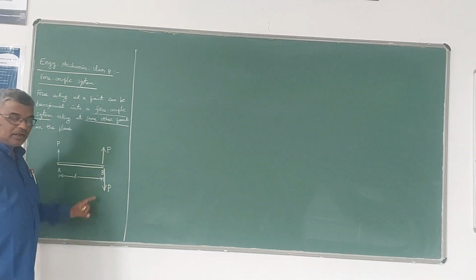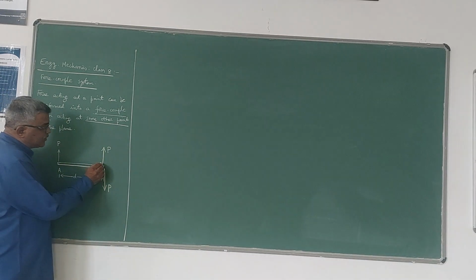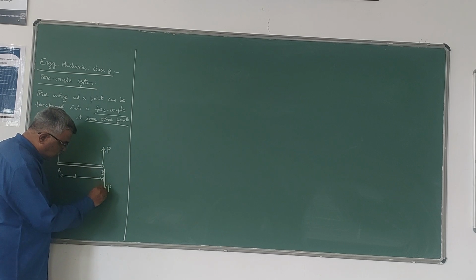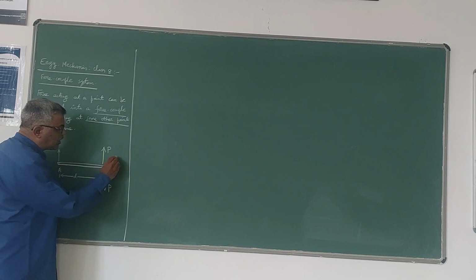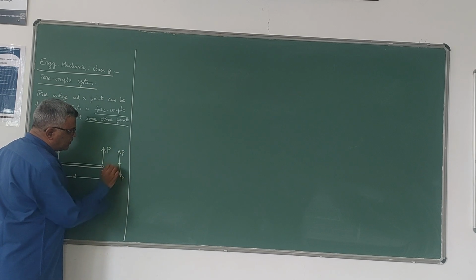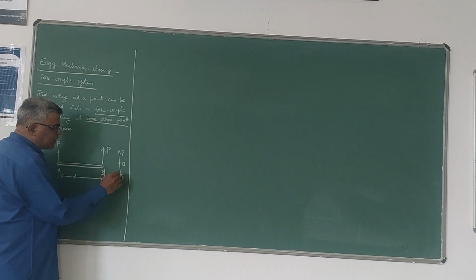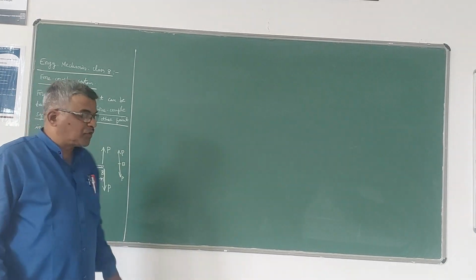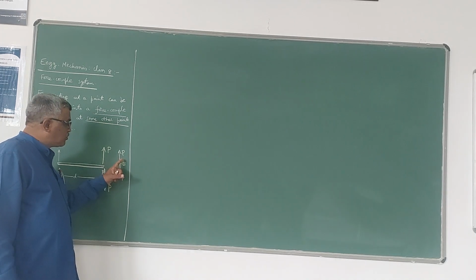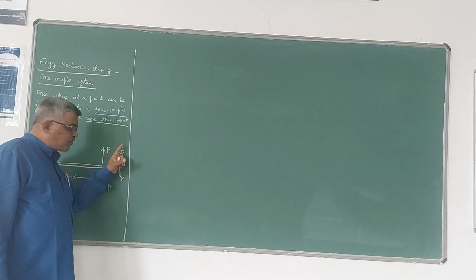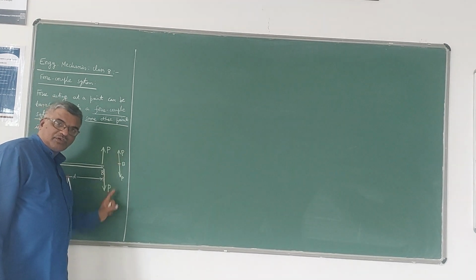You can see here. Now if you observe, this force is acting upwards, same amount of magnitude of force is acting downwards, and these two forces are collinear. Then what happens? The effect of this and this will cancel. So this force tries to pull the rod in this direction, whereas this force tries to pull the rod in this direction.